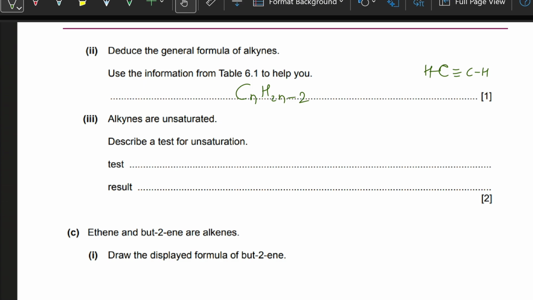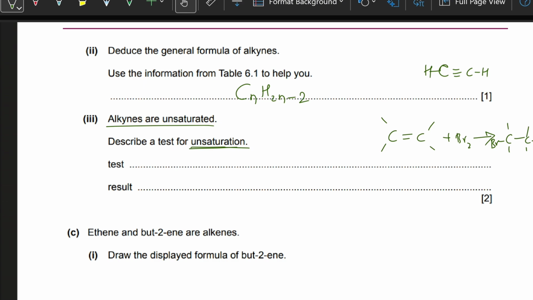Now, alkynes are unsaturated. Describe a test for unsaturation. Whenever they ask you for unsaturation test, be it double bond or triple bond, you add bromine water. Why? When you have an unsaturated compound like ethene and you add bromine to it, the double bond will be broken and the bromine will go and attach to the carbons at the 2 ends.